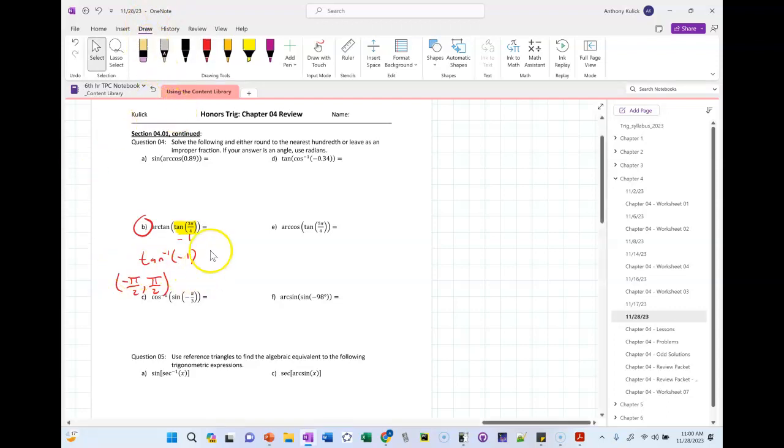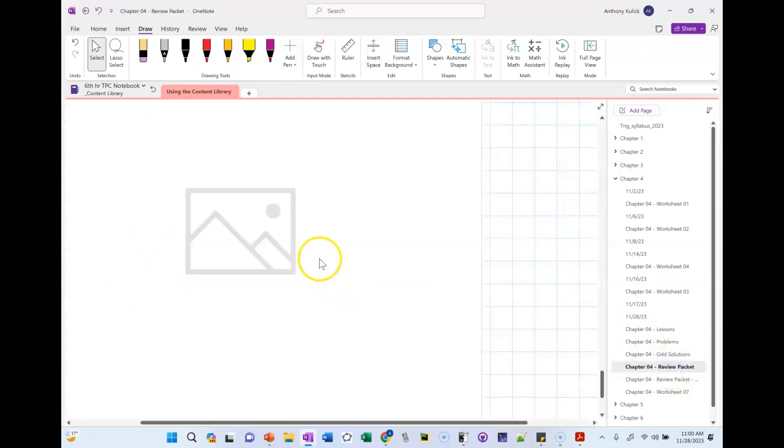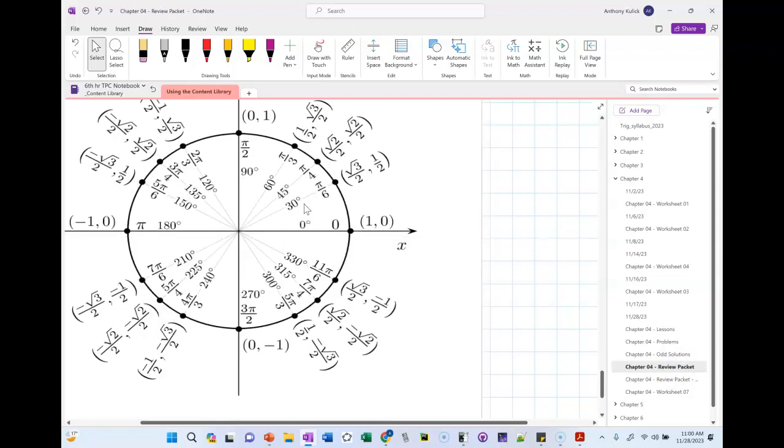So if I look at where tangent is equal to negative 1 between negative pi over 2 and positive pi over 2, well, negative pi over 2 to 0 is covering quadrant 4, and 0 to positive pi over 2 is covering quadrant 1. So I'm looking for where y divided by x is negative 1 in one of these two quadrants. So I see this right here is the spot I want. So my answer should be 7 pi over 4.